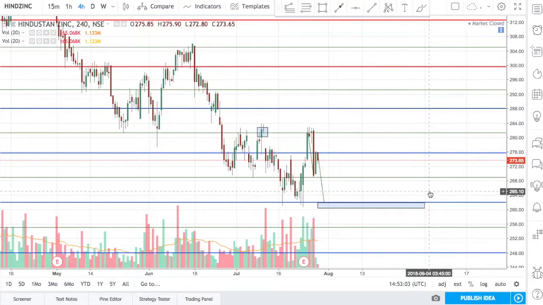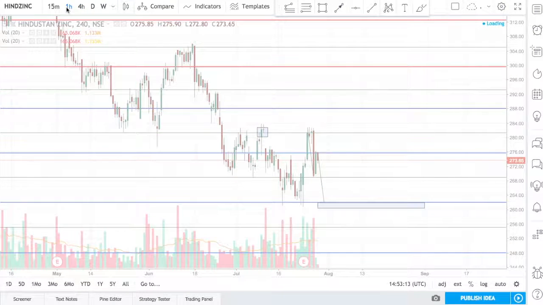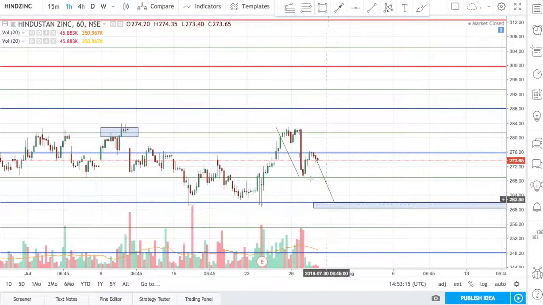Okay, so just to summarize, what are we expecting from this trade? Let me switch to a 1 hour chart. We got this break, a retracement.